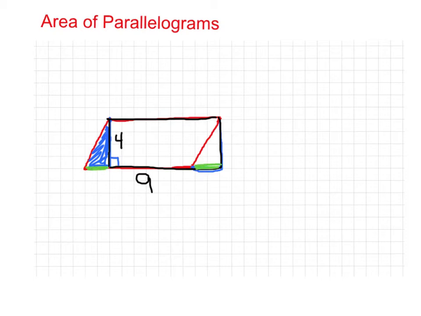So it's still the same 9 spots, basically. If I look at the area of my original parallelogram, okay, and this isn't drawn to scale at all, let's pretend this was 9, pretend this was 4 again.